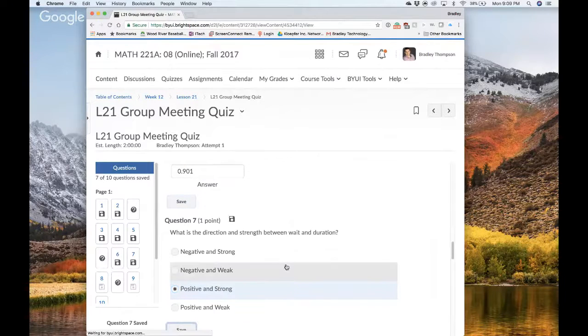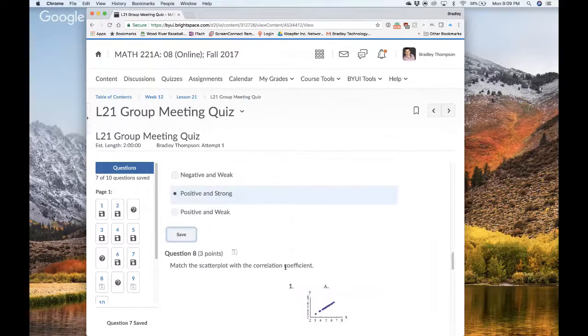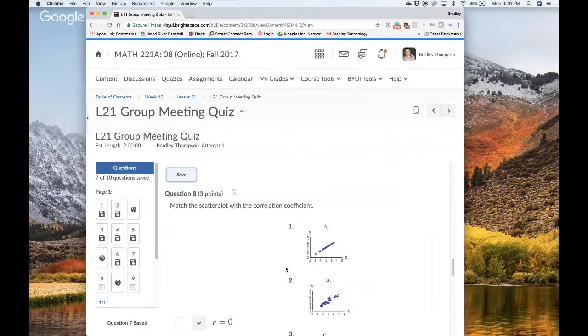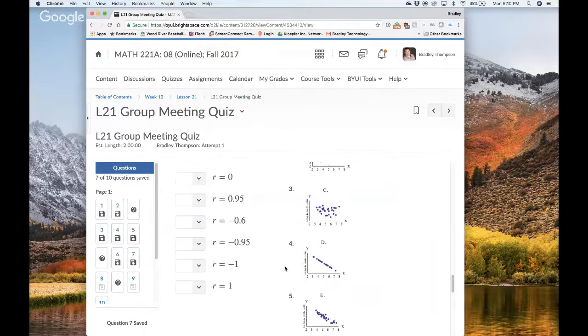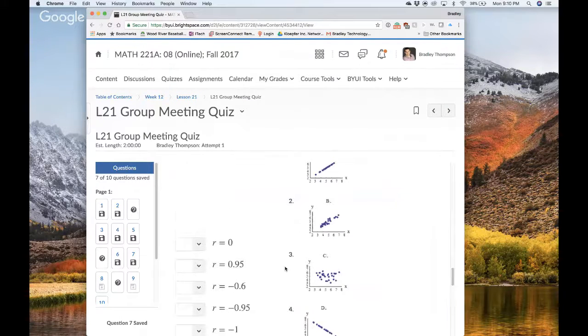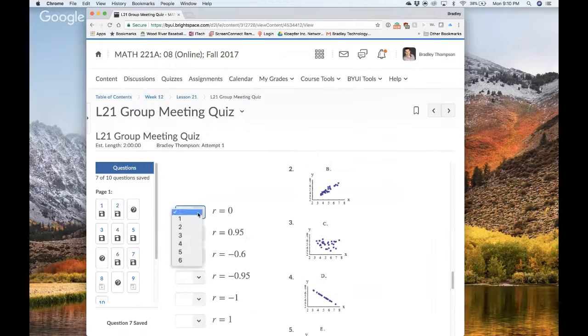Yeah. Match the scatter plot with the correct R. Oh, I see. Okay. So 0 is, I would say, C, or the top one is number 3. That's hilarious. They mark them as A, B, and C, but then it's 1, 2, and 3. Okay. So R equals 0, I would say, is number 3. Yes, I would agree.